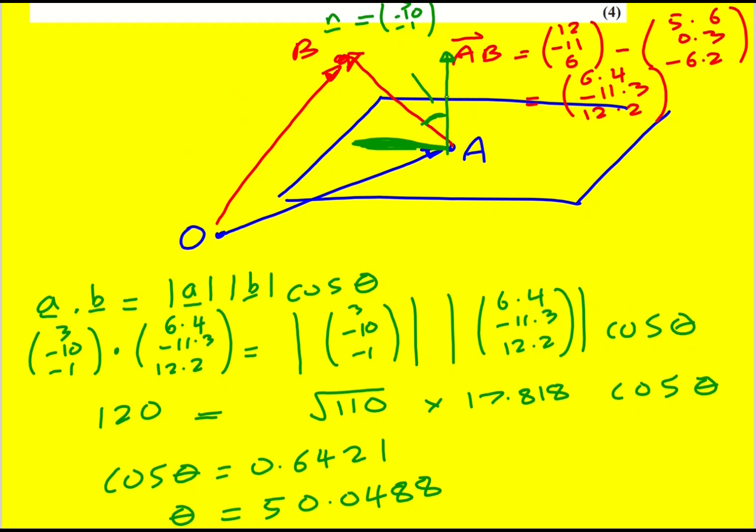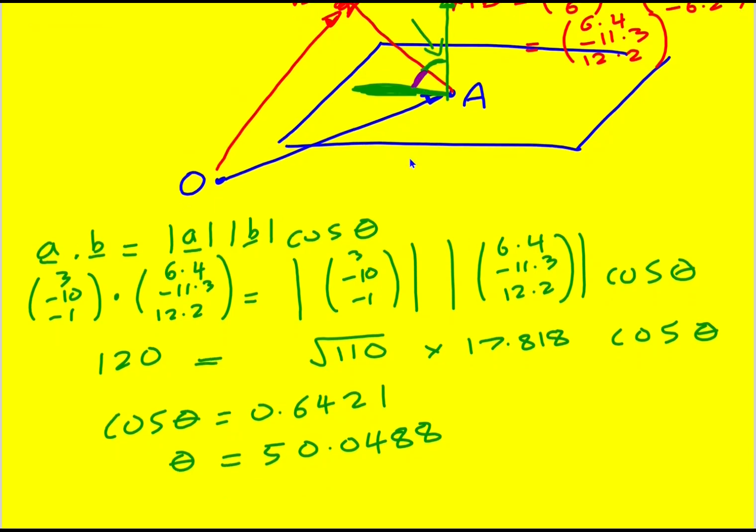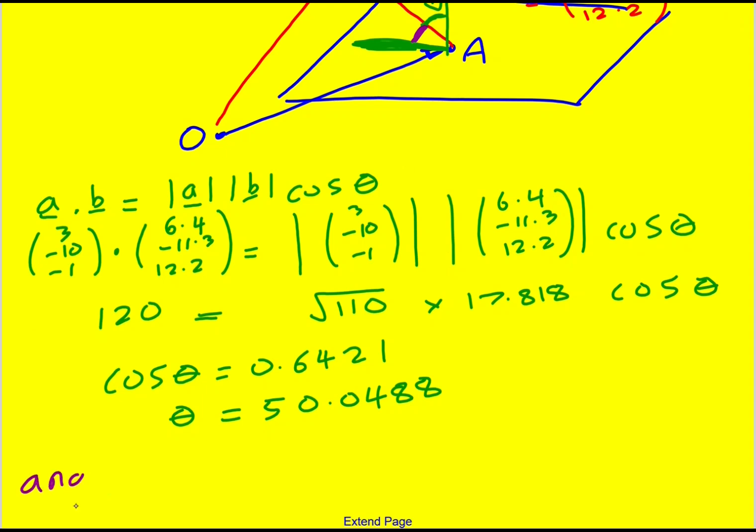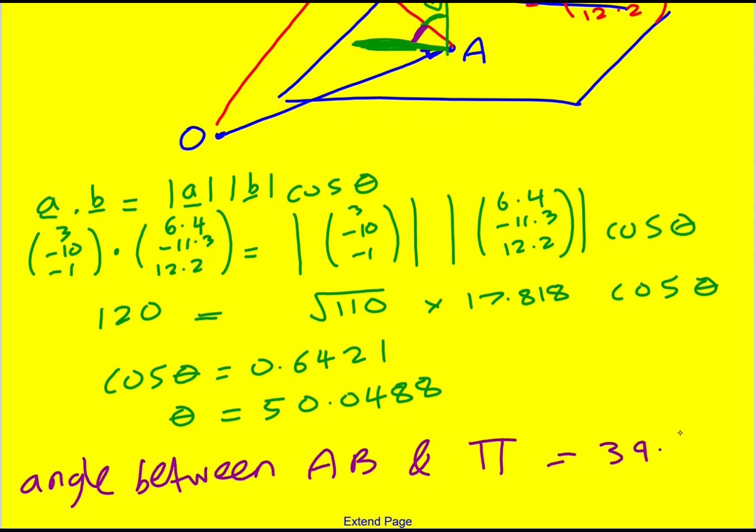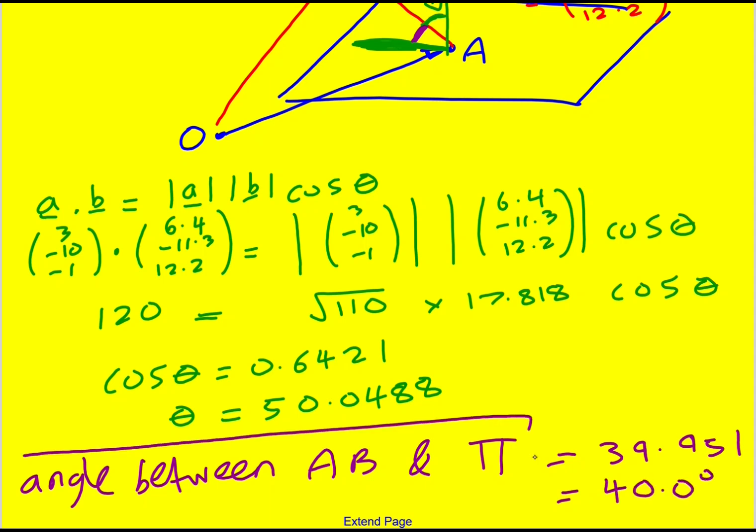Just a reminder, that was that angle there. So we want this angle. So the angle between AB and pi is going to be 90 minus that, 39.951, which becomes 40.0 degrees. Well done.